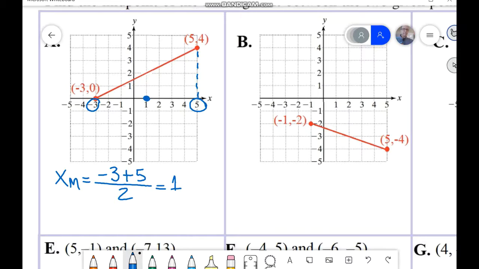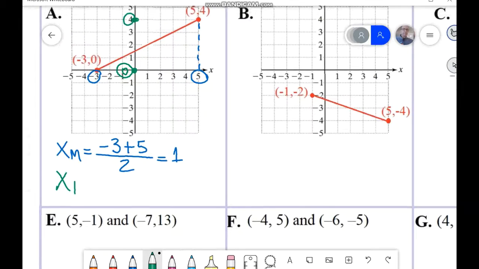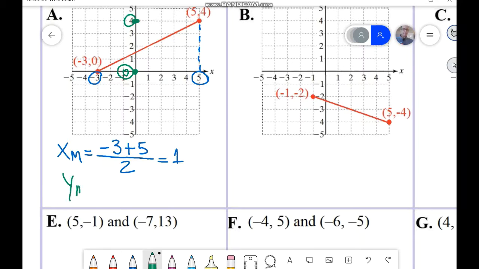Now we need to find the midpoint between the coordinate 0 and the coordinate 4, because y1 is 0 and y2 is 4. y of the midpoint equals 0 plus 4 divided by 2, and the answer is 2.